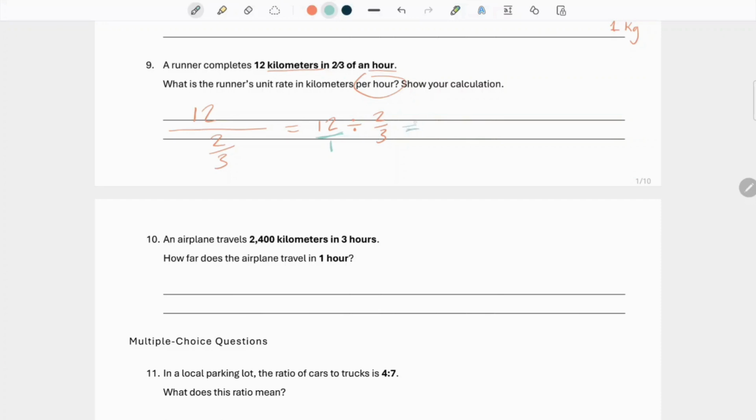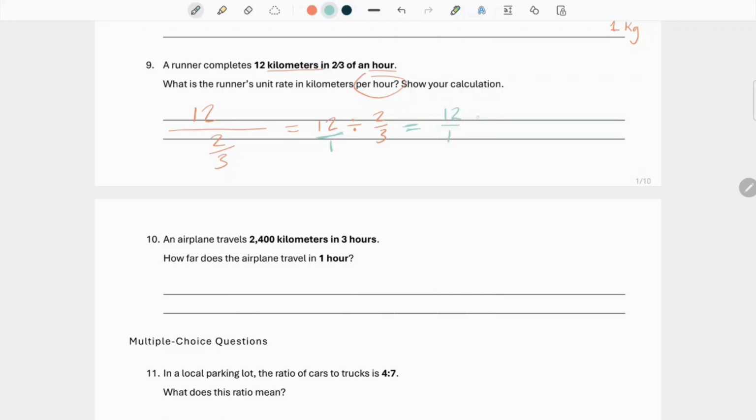And then we're going to do our KFC or KCF. So keep, flip, change. I've told you the reasons behind this is that we said that dividing by a number is the same as multiplying by its reciprocal. So here we're going to keep, change, flip.